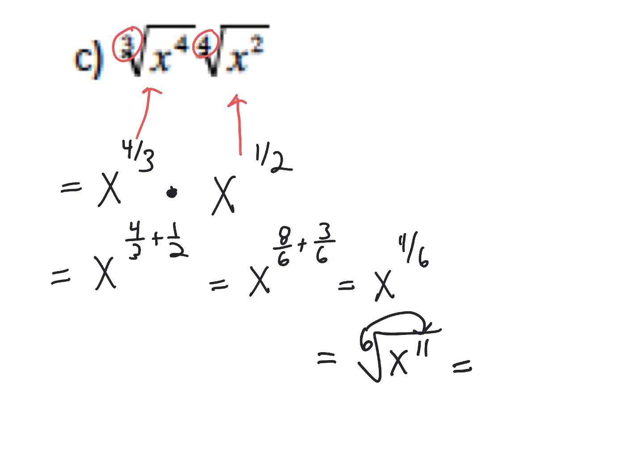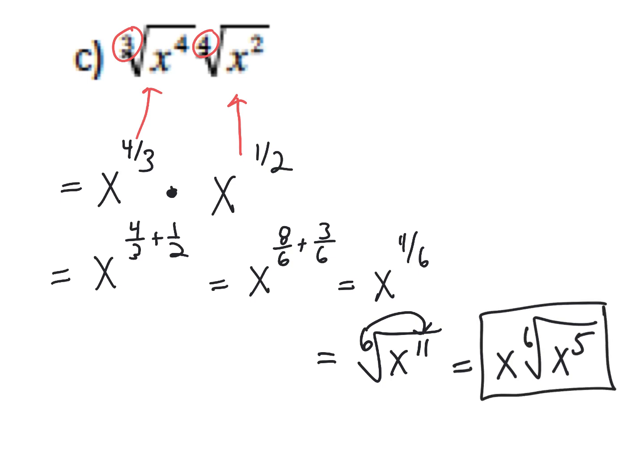It is 1 time, and then there are 5 left over. So you got x times the 6th root of x to the 5th.